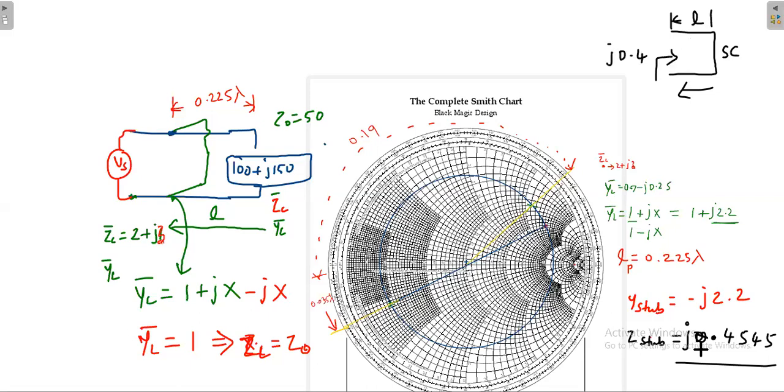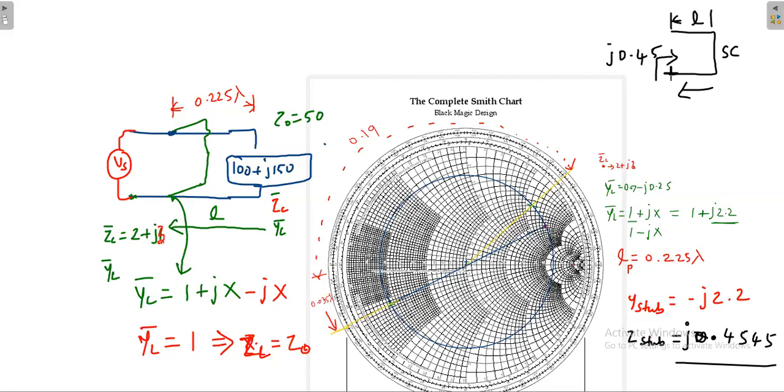Okay, you are having a short circuit stub. Once you move along the generator side, source side, you should experience the impedance of J 0.45.